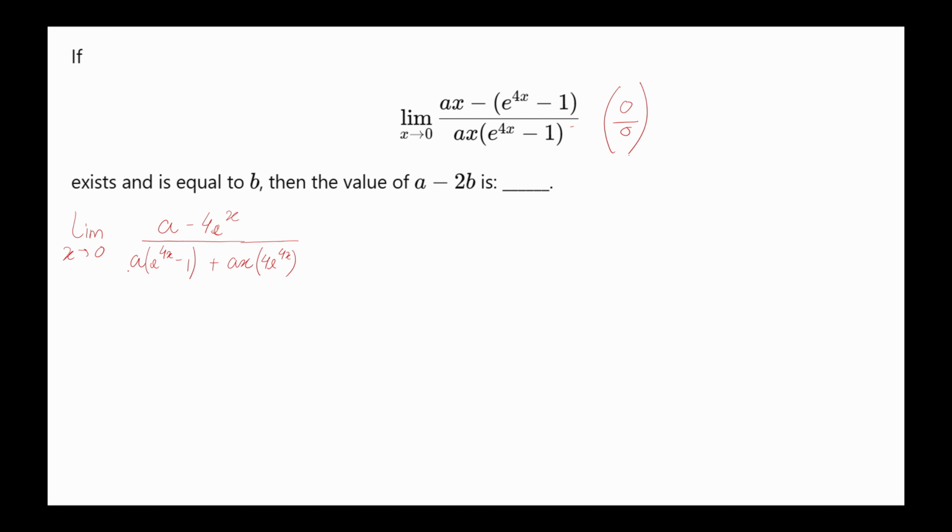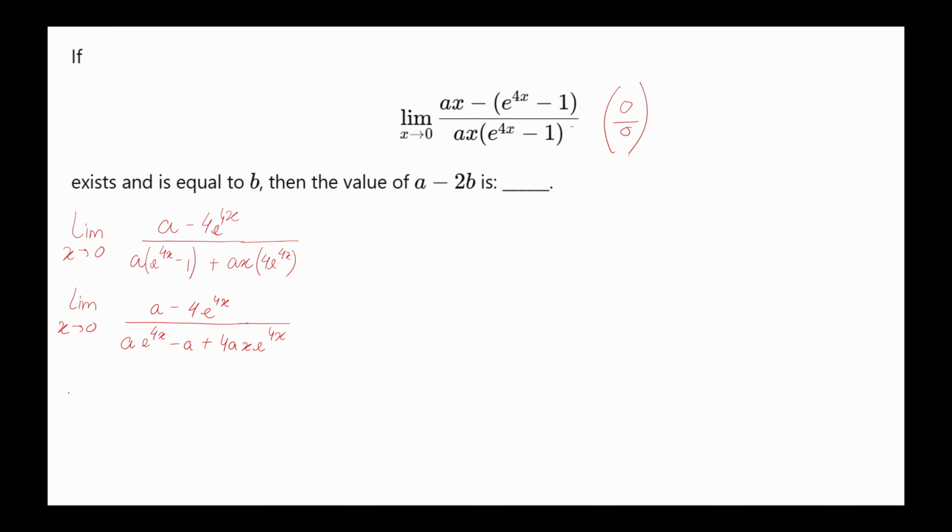Now let me simplify this entire thing. Limit x tends to 0, a minus 4 e to the power x upon, if I open this up, a e to the power 4x minus a plus ax plus 4ax e to the power 4x. Now if I put 0 again, what would happen?